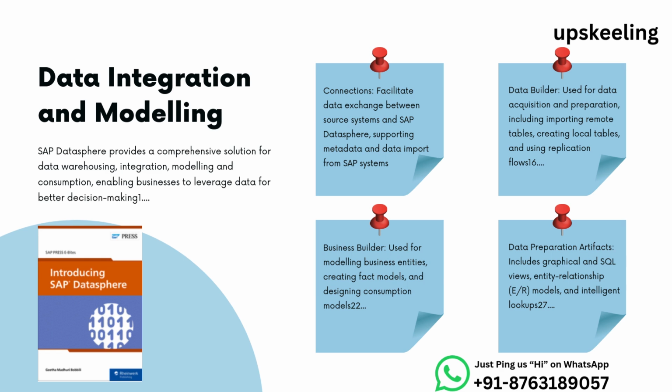Instead of starting from scratch each time, you have a pre-built framework to work with. Precisely. And consumption models are designed for specific analytical needs. They combine measures and attributes from various sources and create tailored models for different use cases. So it's like creating a custom dashboard or report, pulling in the relevant data and organizing it in a way that's easy to understand and analyze. You've got it.